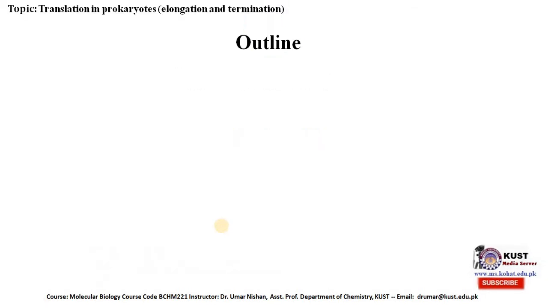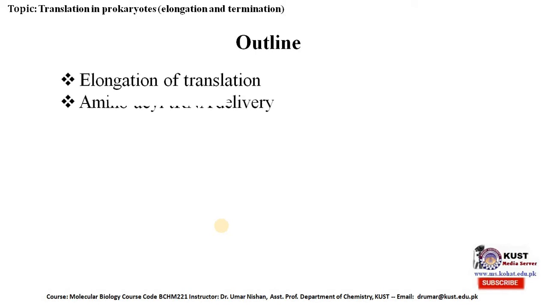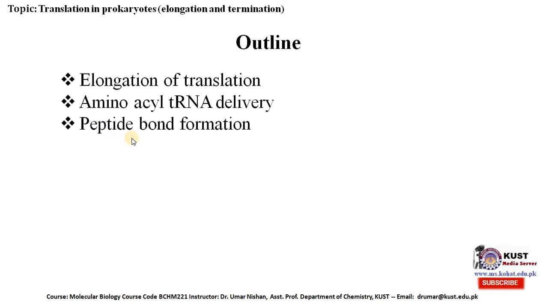The outline for today's lecture is we will talk about the elongation of translation. Then we will talk about amino acid transfer RNA delivery. Then we will talk about peptide bond formation.